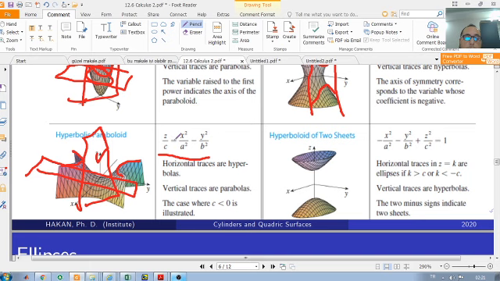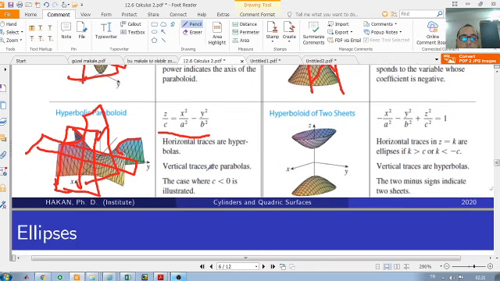So we obtain a parabola, z is equal to x squared, or if you write 0 for x, the vertical plane can also be in this form, by writing any number for x or 0. So we have z is equal to minus y squared, which is another parabola in the yz plane.